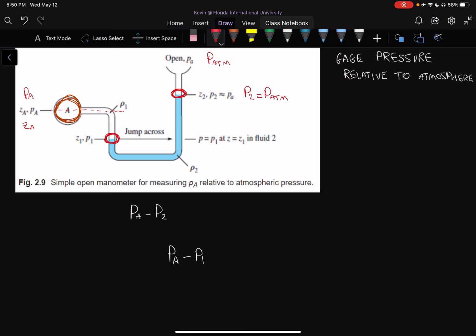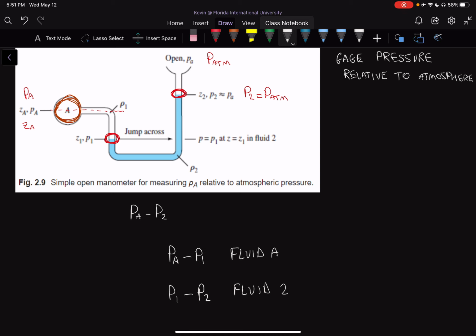So the next step is to find the difference between pressure 1 and pressure 2. And we can find that. It's one fluid, right? So this is fluid A, or gas A, and then this is fluid 2. So we have two different systems that we're going to put together.